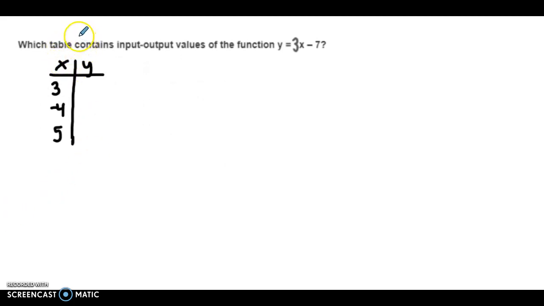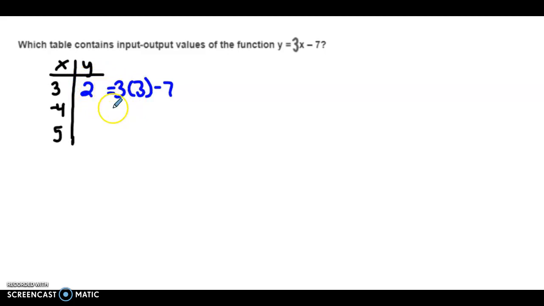Which table contains input-output values for this function? Okay, the way the question's worded, obviously it's going to be multiple choice, but we're just going to fill in the values. So I'm going to take my equation here and plug in the x values. I'm going to start by plugging in a 3 for x. 3 times 3 is 9, minus 7 is 2.